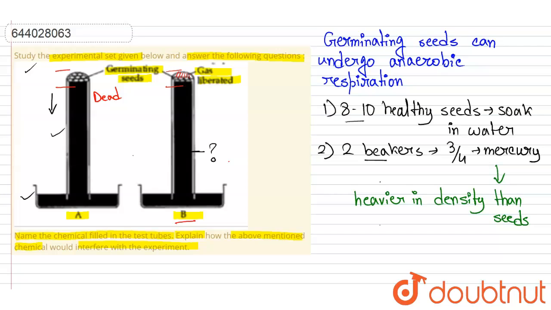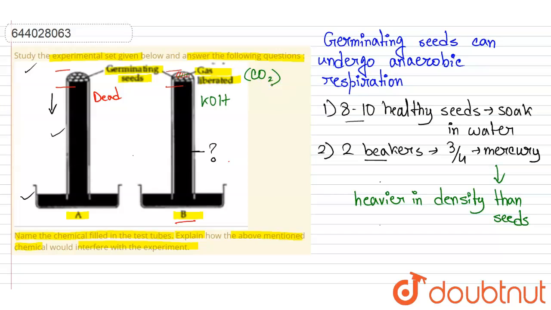So to find out what gas is collected, we will put potassium hydroxide in this test tube, and as the gas is carbon dioxide, it will be absorbed by the potassium hydroxide, and this place will be filled again by the seeds. So thus we can say that the gas liberated is carbon dioxide.